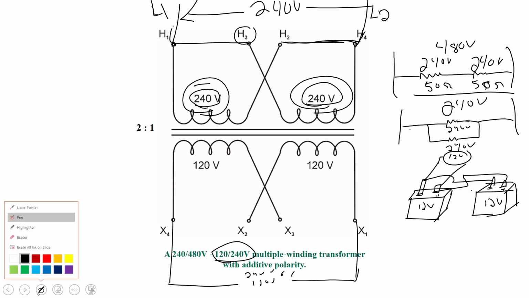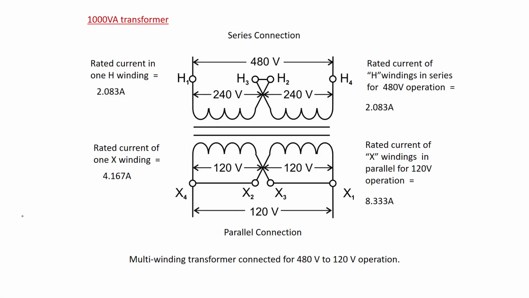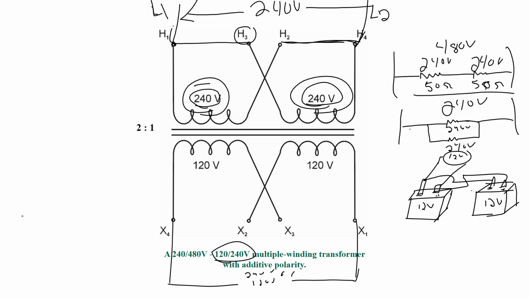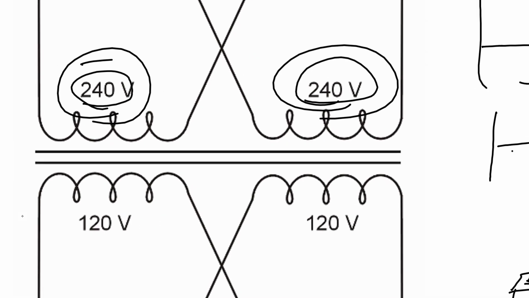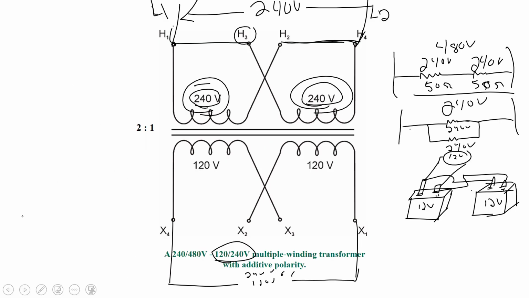So that same concept, if we look at our multi-winding transformer here, when I apply rated voltage to each individual winding, so 240 volt, whether it's a 480 volt or 240 volt supply, that just means series or parallel in the primary, I'm going to induce 120 volts here and 120 volts here.